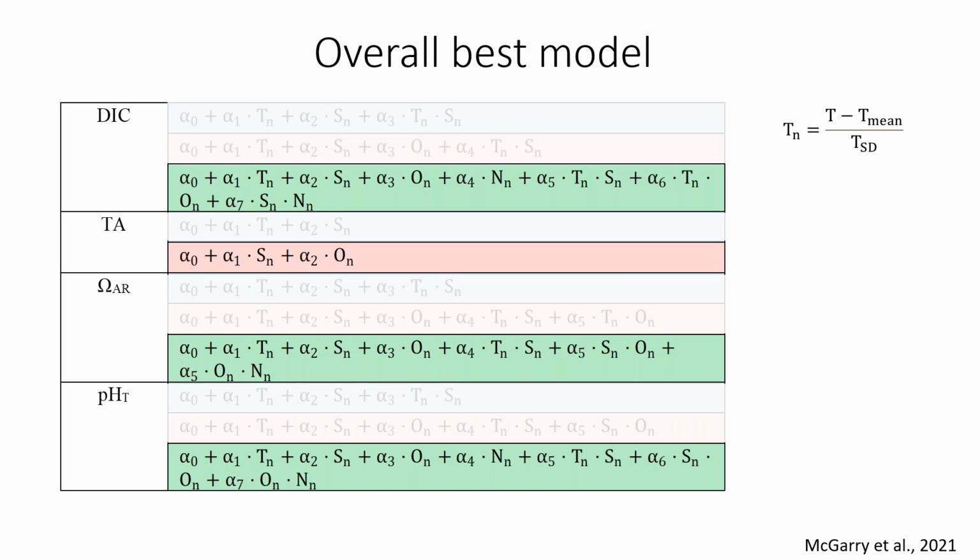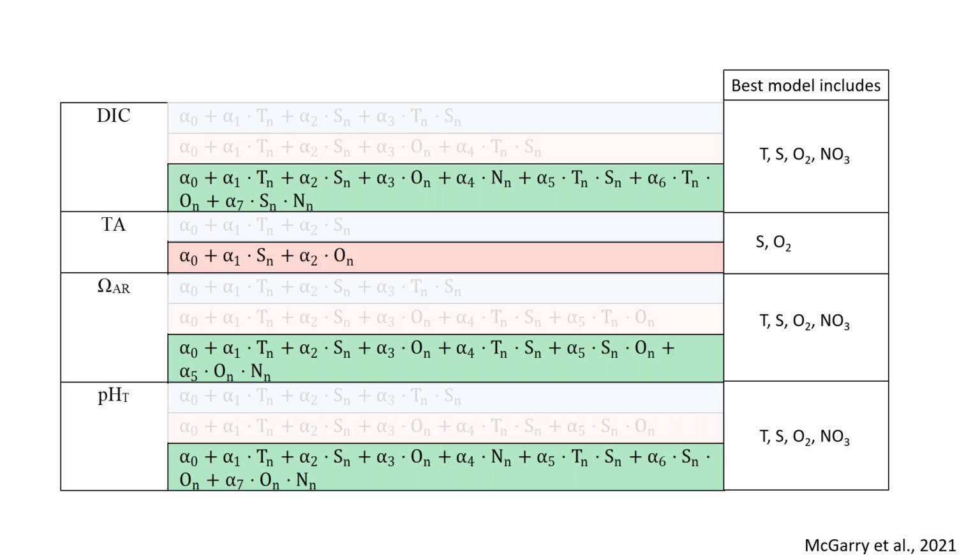We identified the overall best model for predicting each variable based on AIC score, and those are highlighted here. All of the best models for predicting each carbonate system parameter include all of the variables that we considered, temperature, salinity, oxygen, and nitrate, except for the model for total alkalinity, which just includes salinity and oxygen.